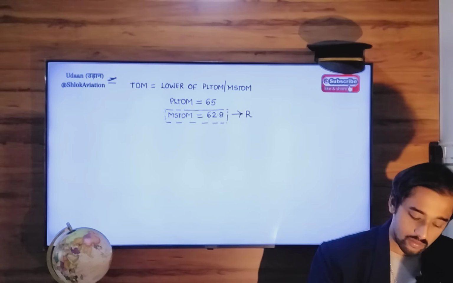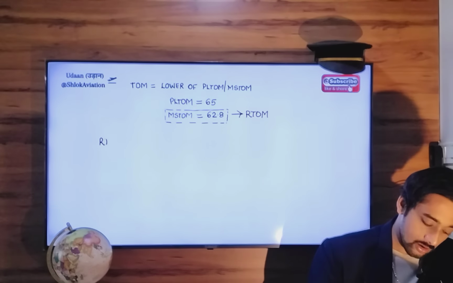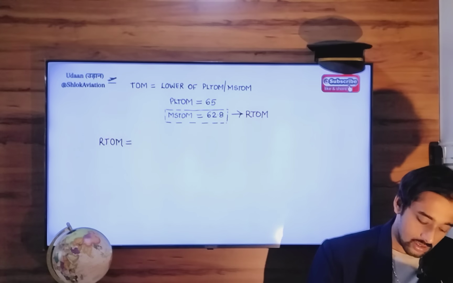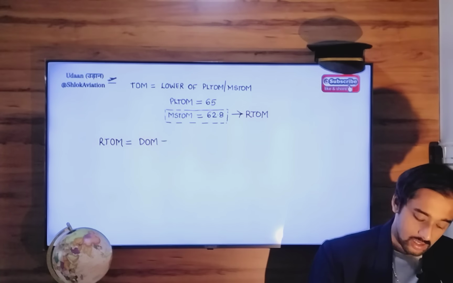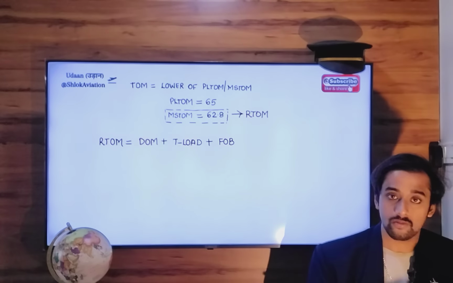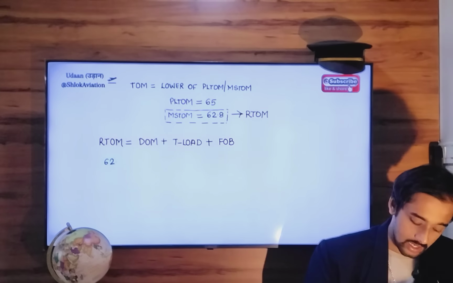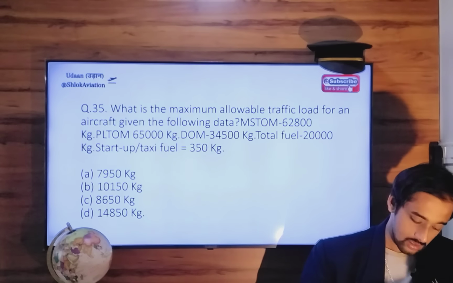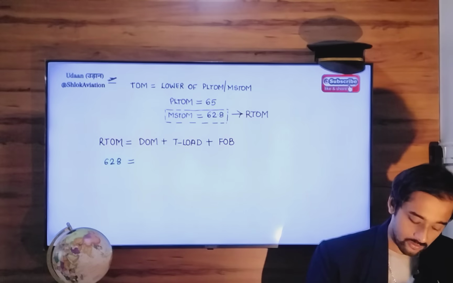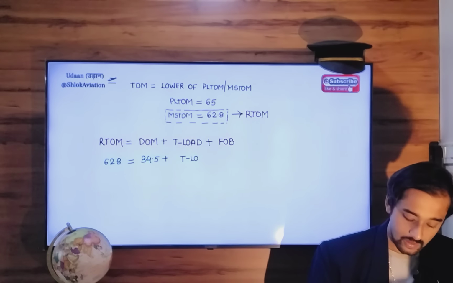So 62.8 will become the regulated takeoff mass. Now let's use the formula. Regulated takeoff mass equals dry operating mass plus traffic load plus fuel on board or takeoff fuel. Substituting the values we get 62.8 equals DOM, which is 34.5. Traffic load we have to find out.